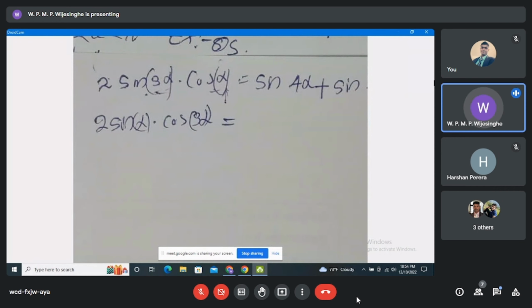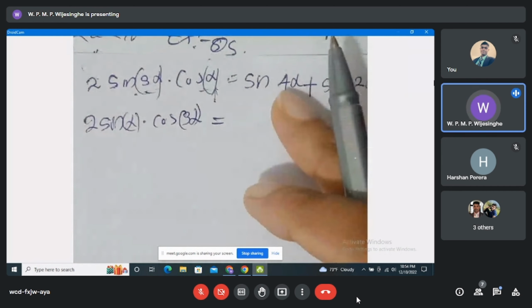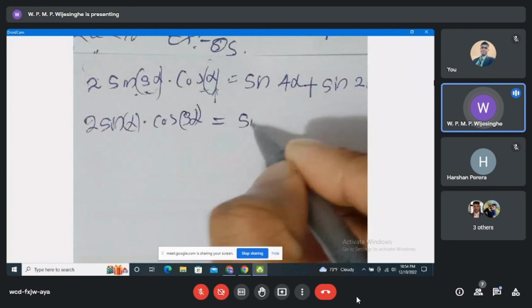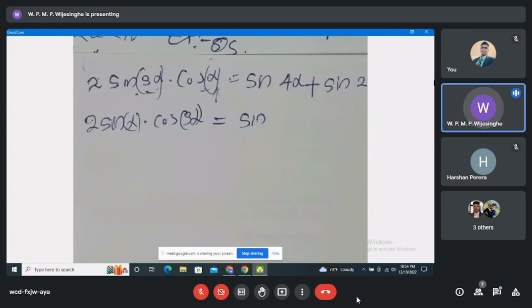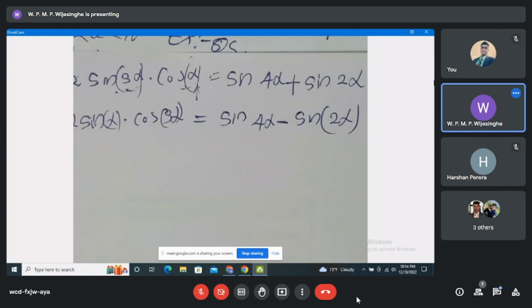So it should be the difference between two sine angles, right? So sine, summation of these two angles, it is 4 alpha, minus the difference between these two angles, sine 2 alpha. Right?